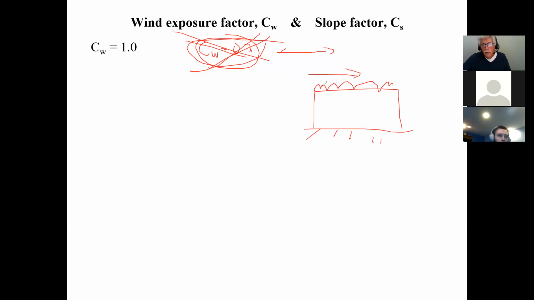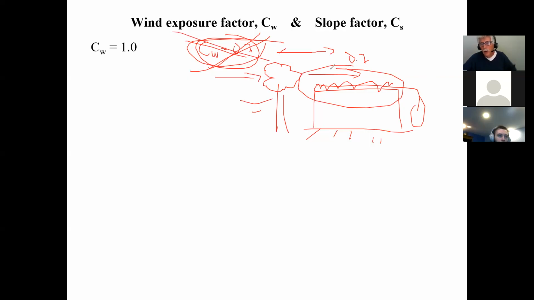The wind blows, and of course some of it can fall off, and therefore they allow you to say 0.7. Now, what happens if you build this building and then someone decides to plant trees next to your building? After 20 years, the trees obstruct the wind, and all of a sudden you don't have this situation anymore, and the snow starts to accumulate and the roof collapses. It becomes your problem. That's why I never bother using this value in my design.